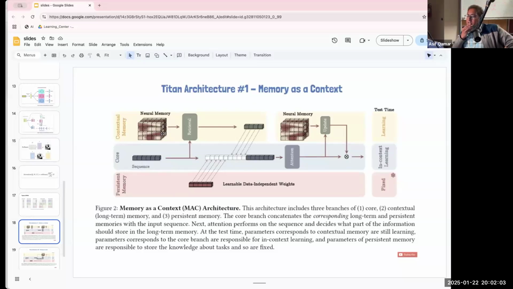So let's think about a scenario. When there is new information coming in, two things need to happen. Once you use that new information that is in the core layer, you need to go back and update your long-term memory. That's what happens in a human-like scenario, right?